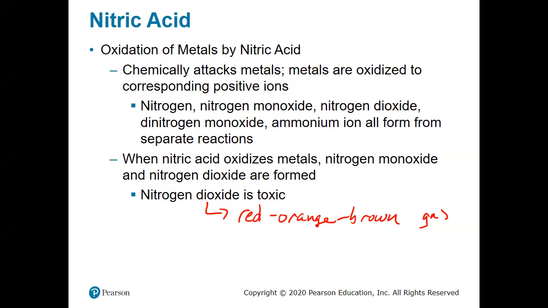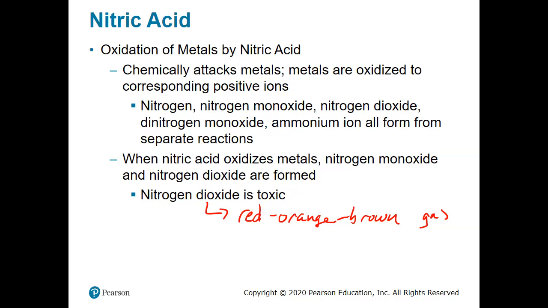Nitrogen dioxide is also one of the gases responsible for smog, which is why you see that hazy consistency in smog. That's usually the nitrogen dioxide mixing with the water vapor in the ground level fog to create that brown haze.